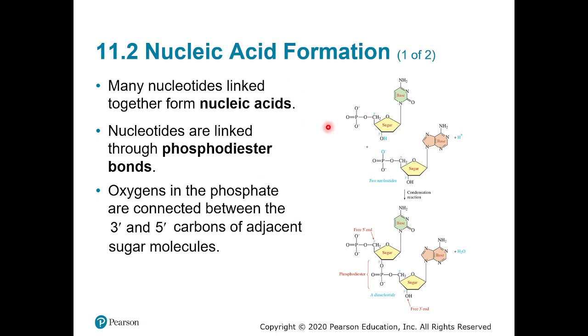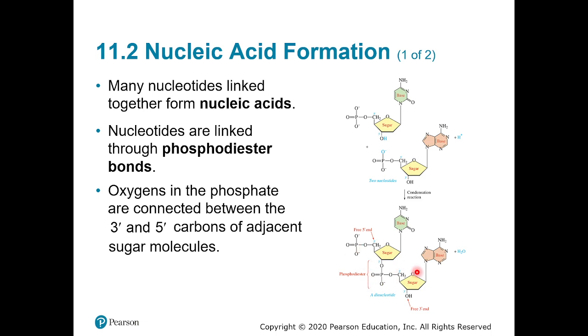Many of the nucleotides are going to be linked together to form our nucleic acids. So nucleotides are going to be linked through what's usually referred to as a phosphodiester bond. And right here we can actually see the phosphodiester. Notice you have a phosphorus, so phospho, di meaning two, and esters were carbon, O, carbon, right? And so it's just the same sort of naming as we got in the IUPAC, wasn't it?